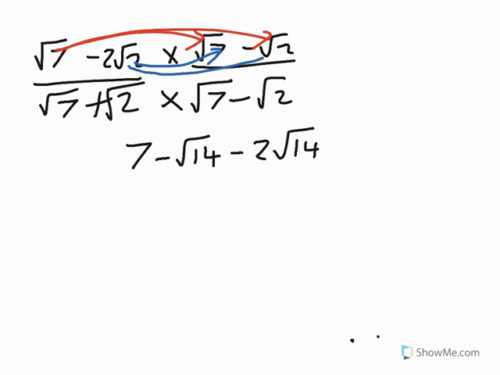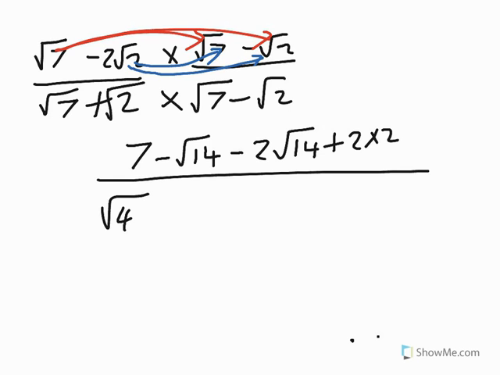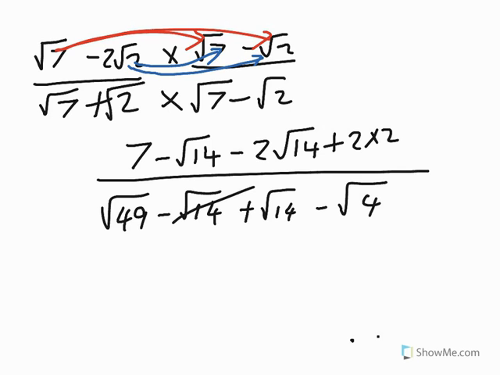And finally minus 2 root 2 times negative 2 root 2 becomes negative and negatives are positive, so that's 2 times 2 on the end, all over square root of 49, which of course is 7. Minus root 14 plus root 14 minus root 4, the square root 14's cancel.